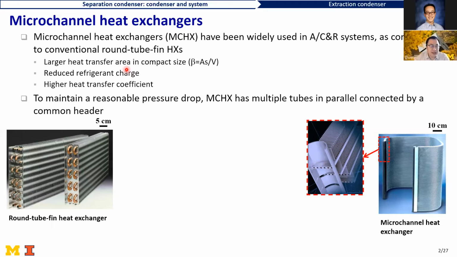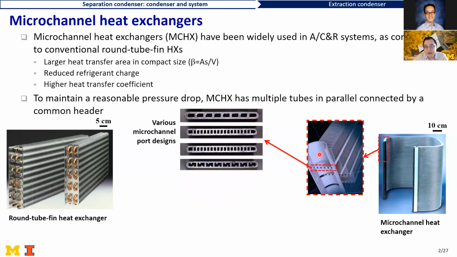It has several advantages compared to the round tube fin heat exchanger, such as a larger heat transfer area, reduced refrigerant charge, and higher heat transfer coefficient. To maintain a reasonable pressure drop, the microchannel heat exchanger normally has multiple parallel tubes, and they are connected together by a common header.